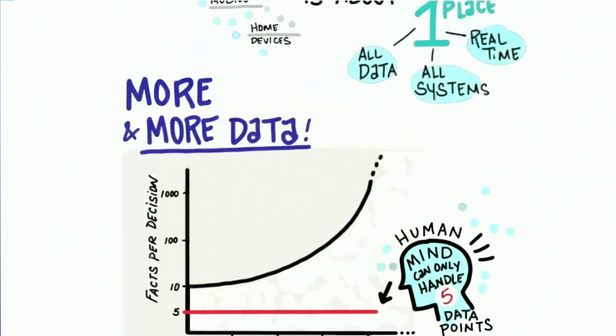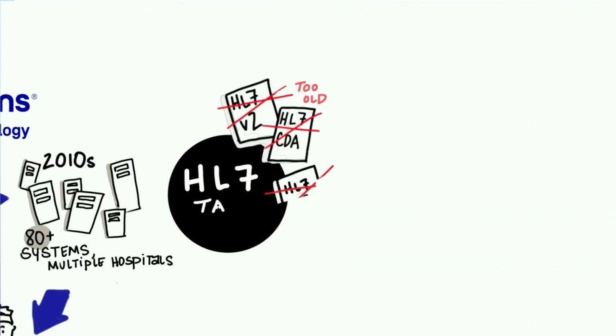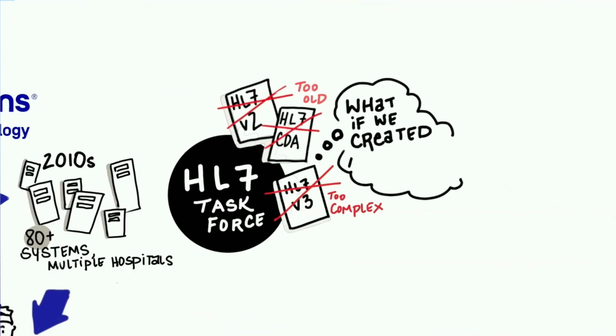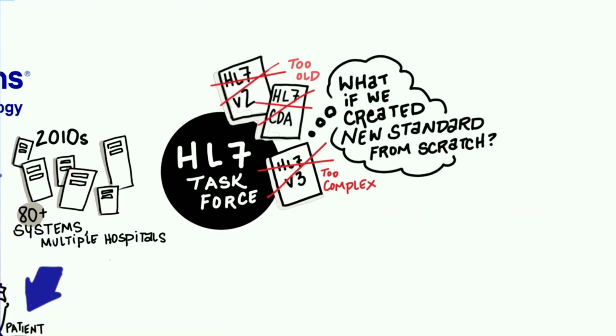In 2010, the organization Health Level 7 appointed a task force and asked them, if we created a new data standard from scratch, what would it look like? HL7 had created version 2, version 3, CDA, and actually 300 other data standards, but it was recognized that they didn't meet the needs of the future.